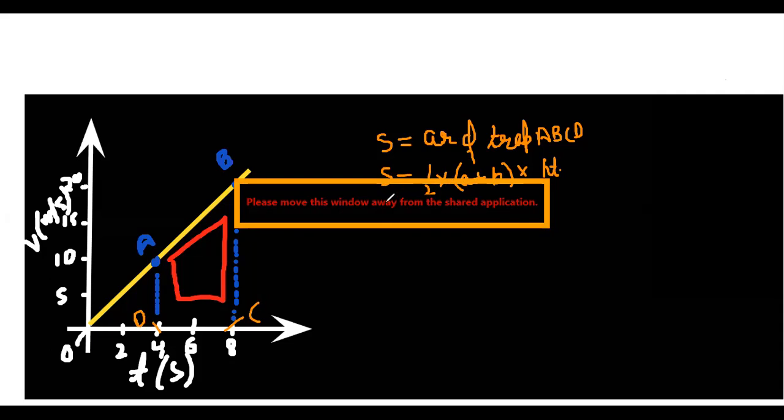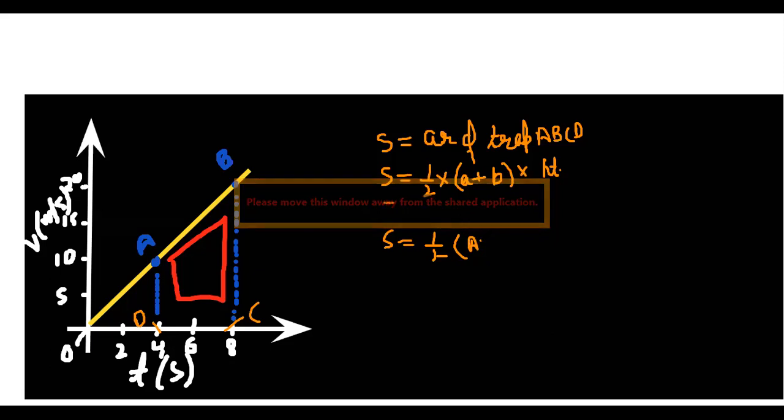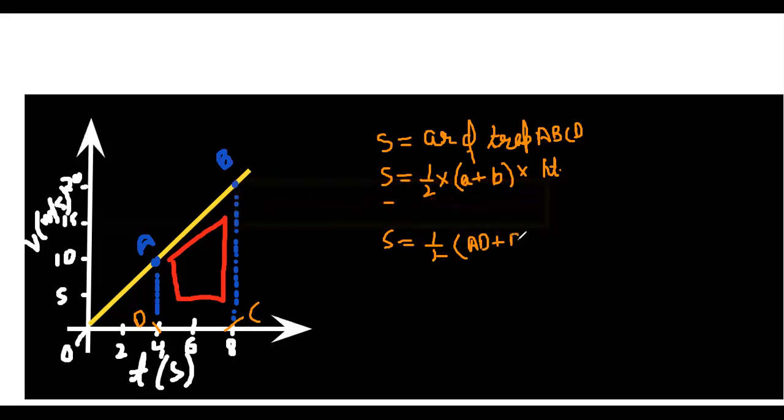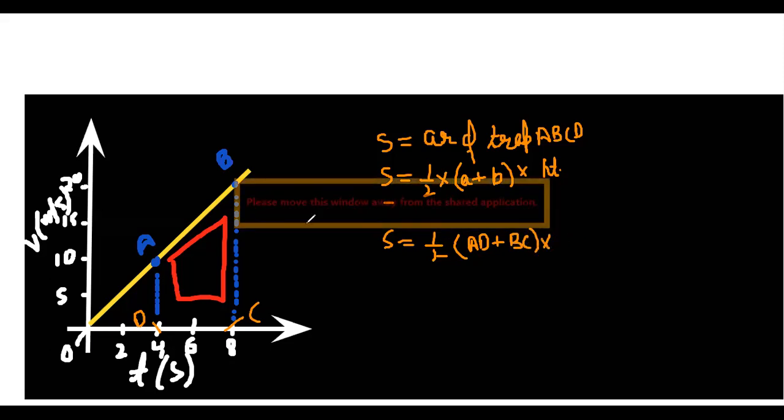So S is equal to half, first side AD plus second parallel side BC, multiplied by height. We never take the slanting one. AB is also a side, but it is slanting, so we will not take it. We will go with DC, the straight one between the two parallel sides.